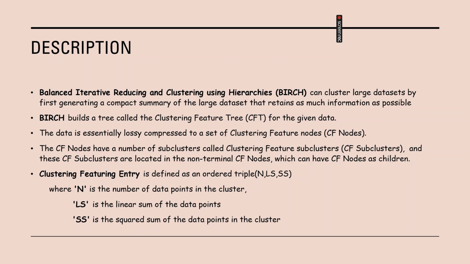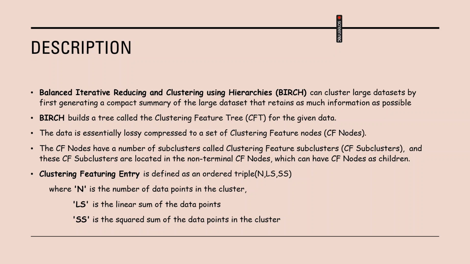The entries of the clustering feature nodes are defined as an ordered triple, which has three important pieces of information: N, LS, and SS. This information is sufficient to do the clustering instead of having the entire data set in memory.